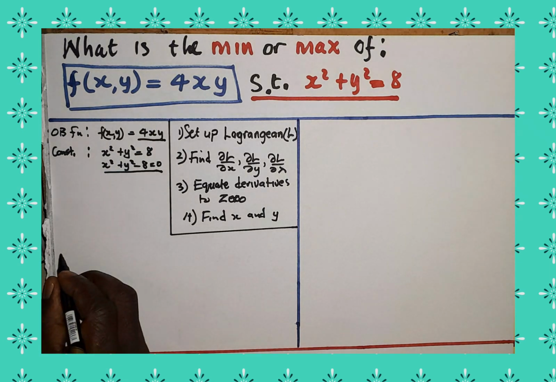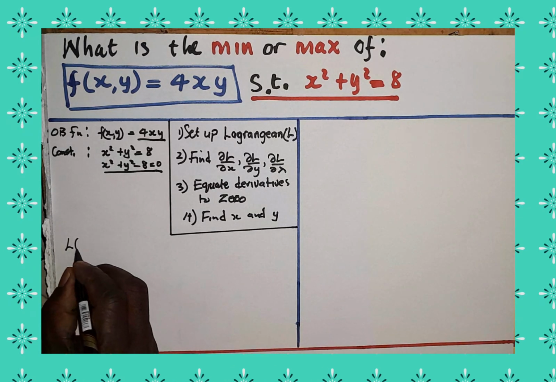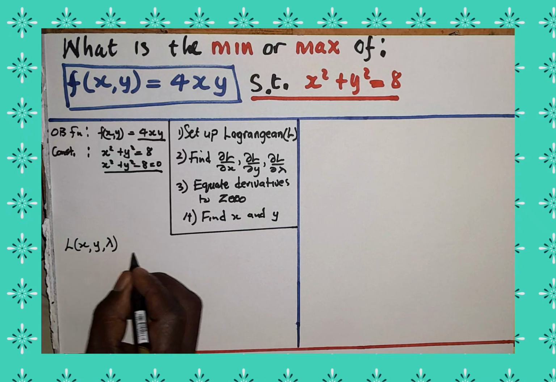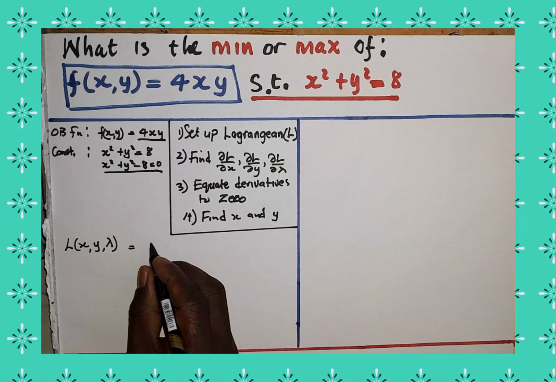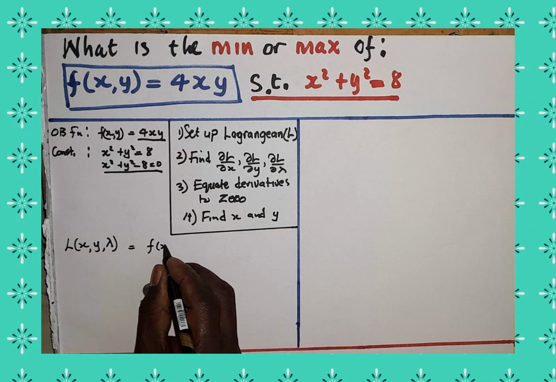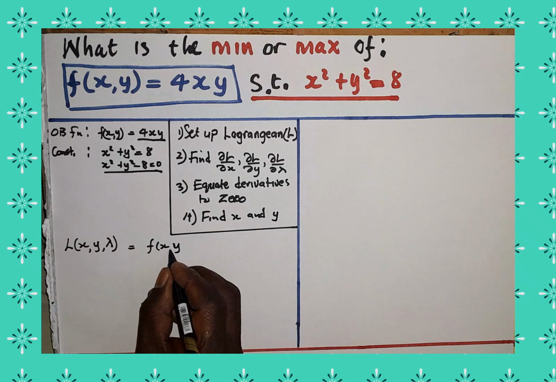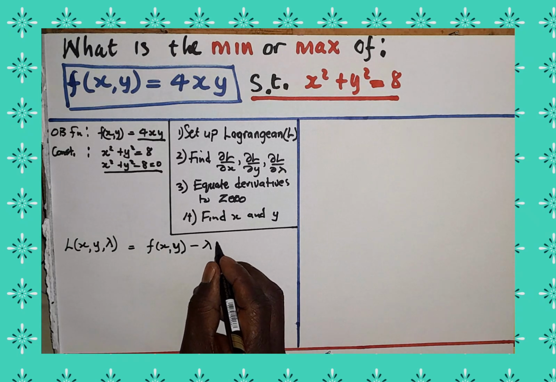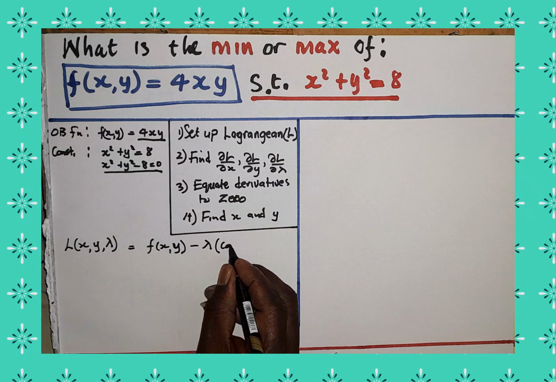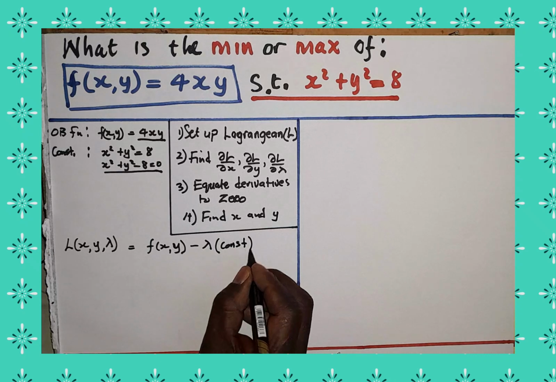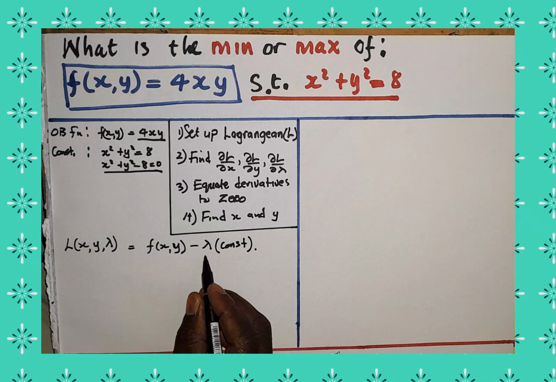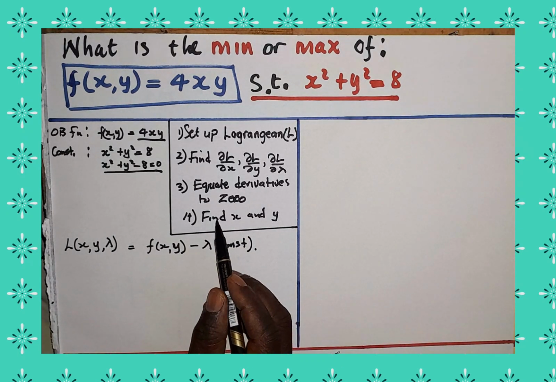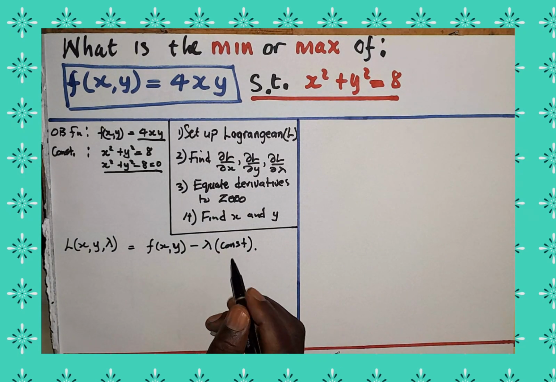Now the Lagrangian, as I said, is a function L of x, y, and lambda, and it's equal to f of xy, our function, minus our parameter lambda multiplied by the constraint. The parameter lambda is called the Lagrangian multiplier. That's why the process is called the method of the Lagrangian multipliers.